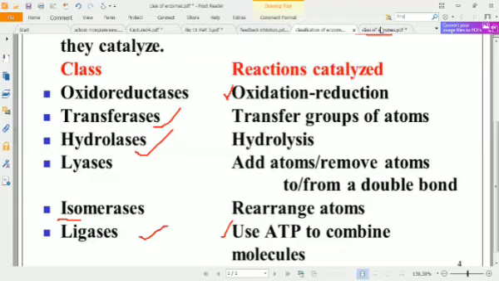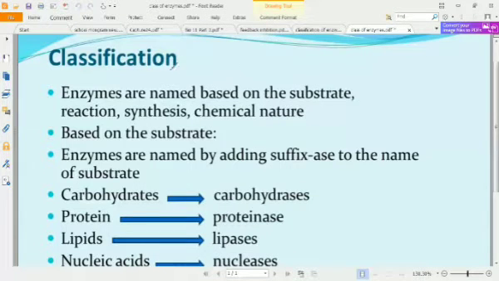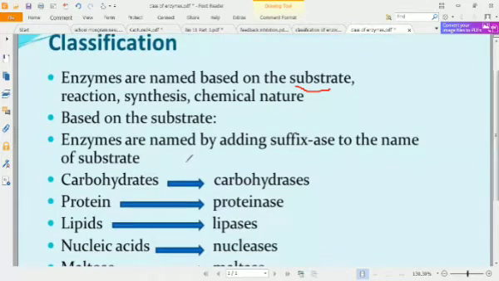Another classification is based on the substrate. There are lots of enzymes classified based on reaction, synthesis, chemical nature, or substrate. We have seen reaction based, now we'll see substrate based. When enzymes are substrate based, there is an 'ase' at the end, so we just remember that they are enzymes.